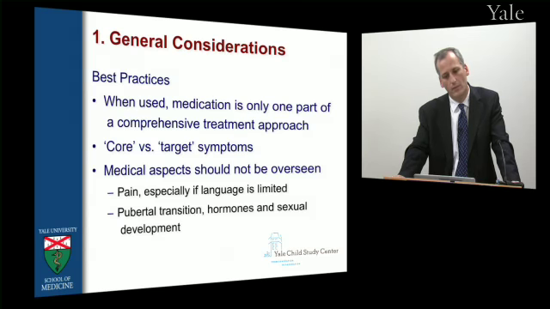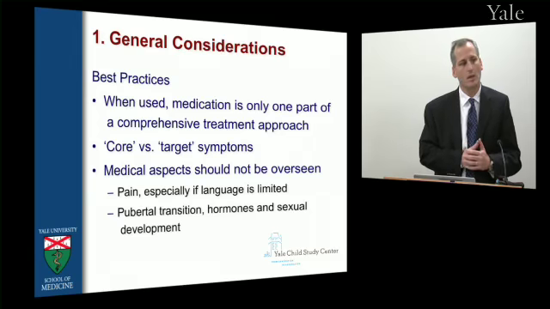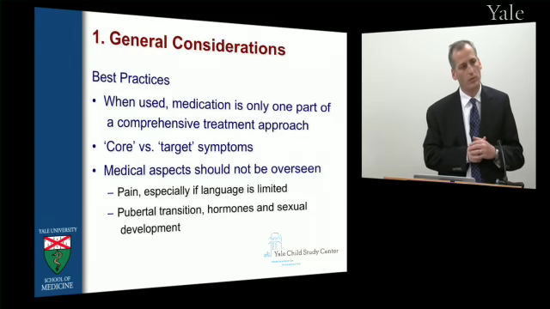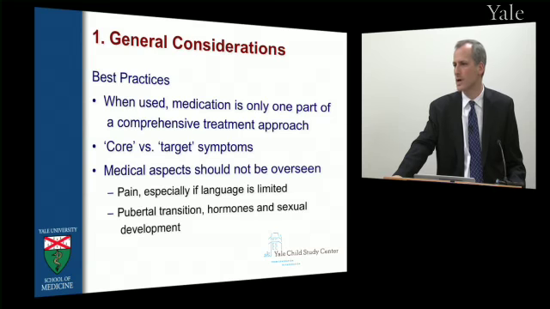Now moving from cautionary notes, from what we don't want to advocate, to some more best practices, what we hope will happen and is increasingly happening in some places. We want medication to be a footnote. We want medication, when used, to be only one part of a comprehensive treatment approach.